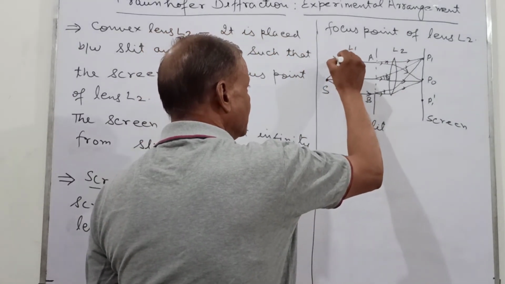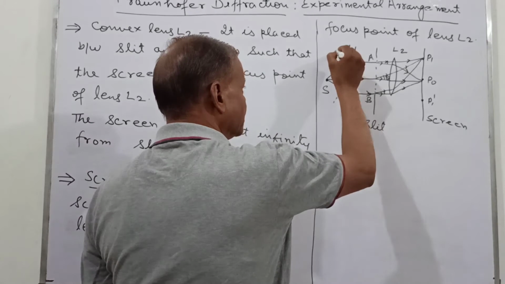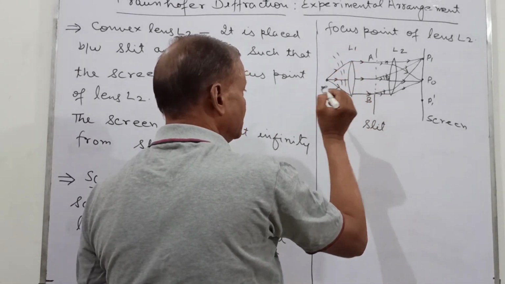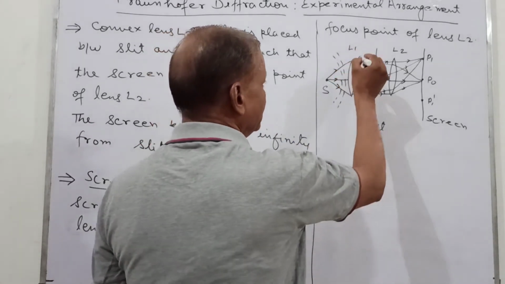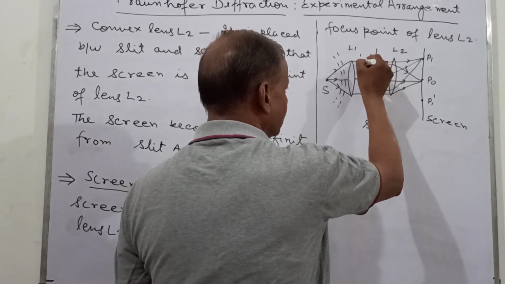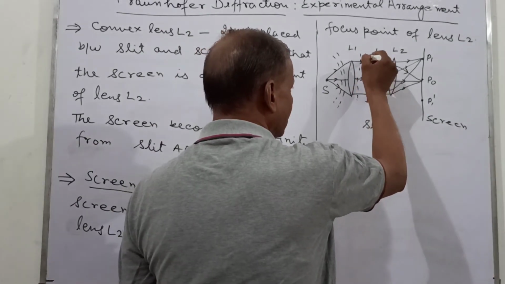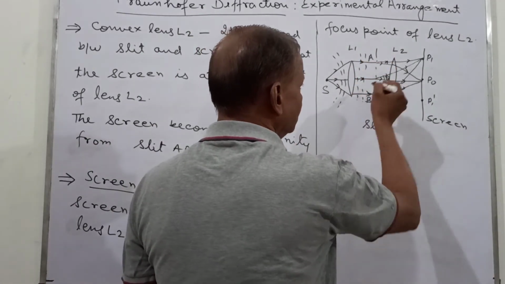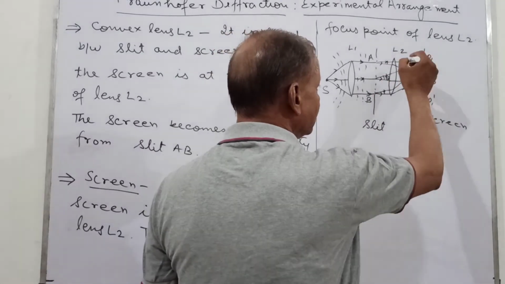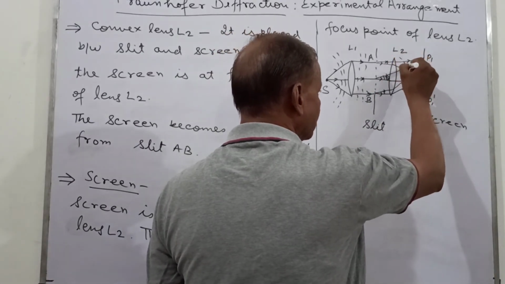Here we have the spherical wavefront. Here we have plane wavefront, and this is also plane wavefront. Then again there is the spherical wavefront.